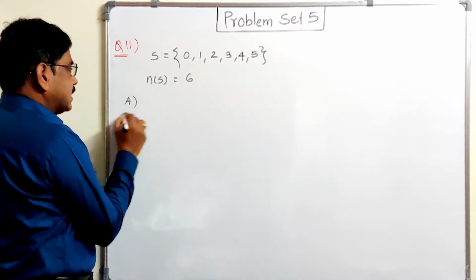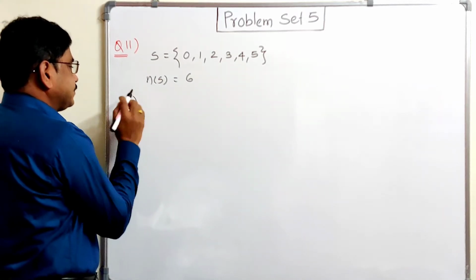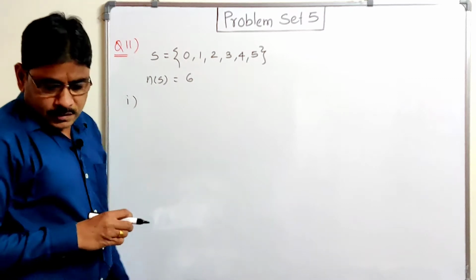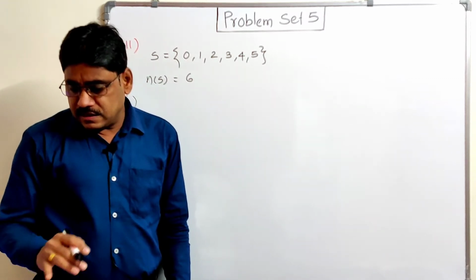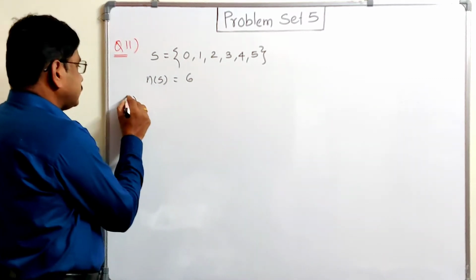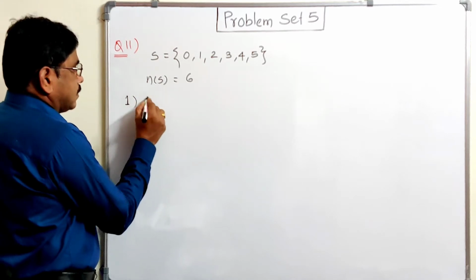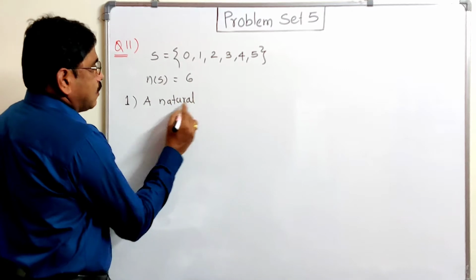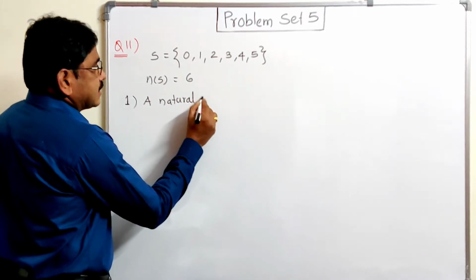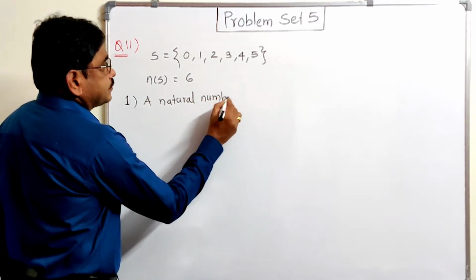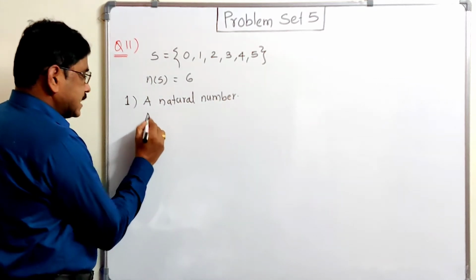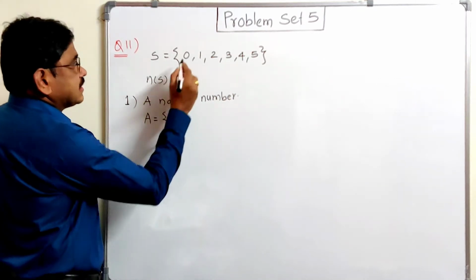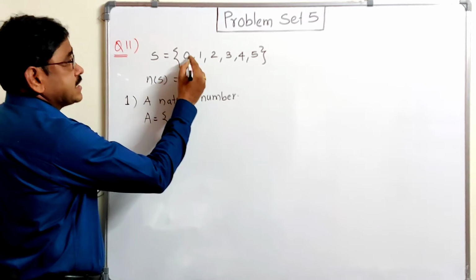Now conditions are given. First event is given, a natural number. The number on the card is a natural number. Let that set be A. Which are the natural numbers? 0 is not a natural number, it is a whole number.